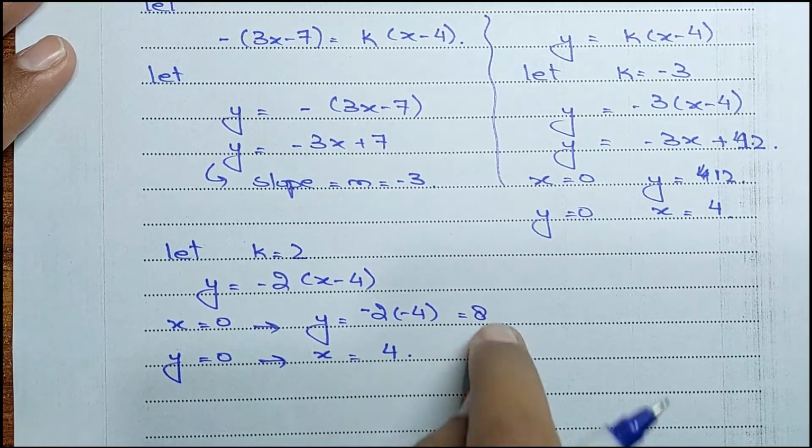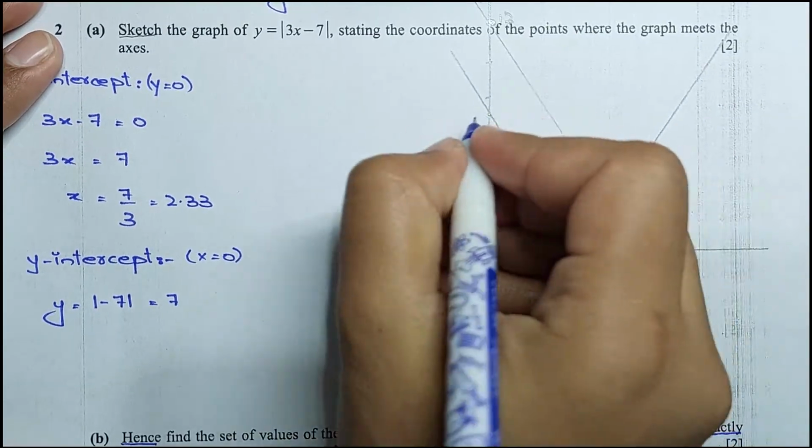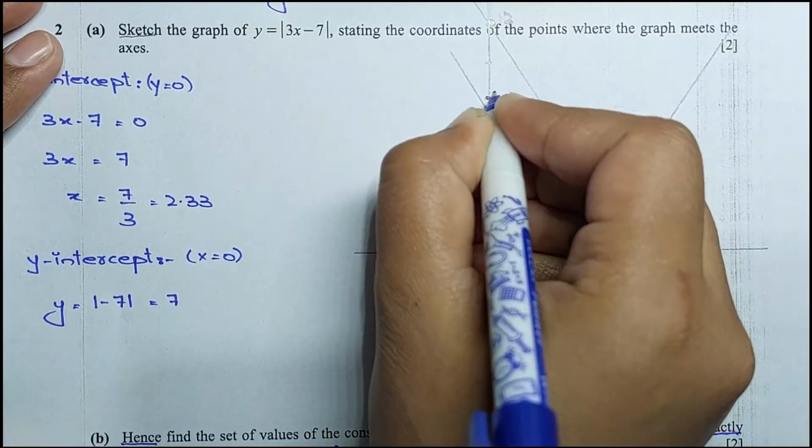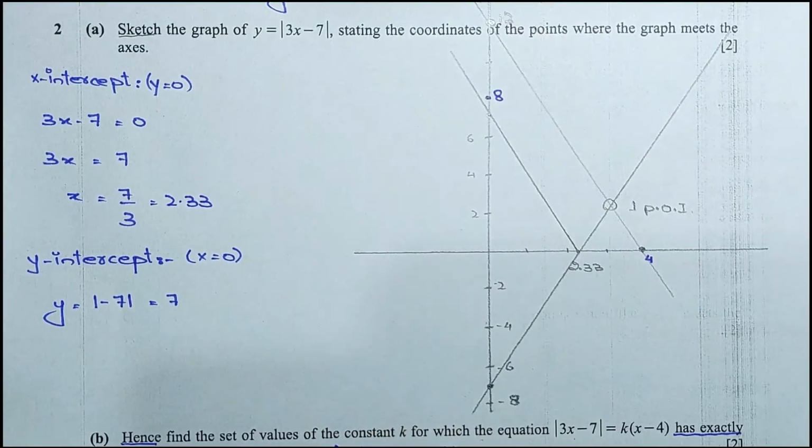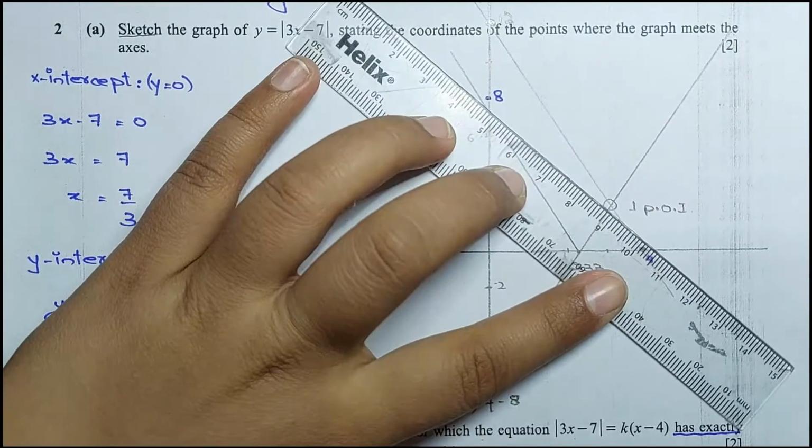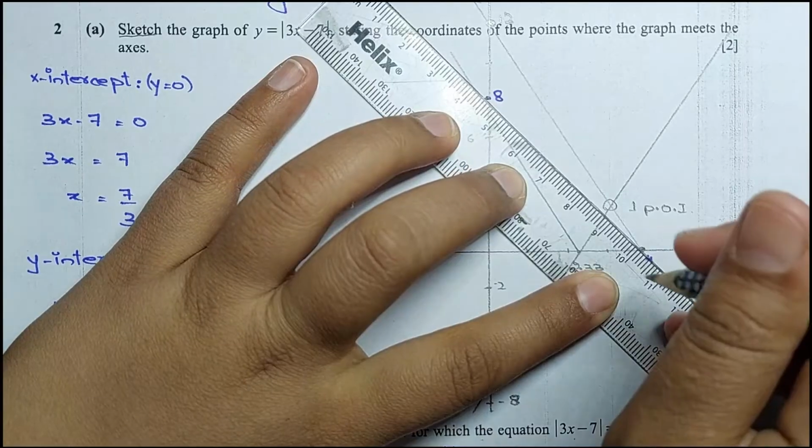So we have the point x is 4 and y is 8. Let me draw this line, connecting 4 and 8.